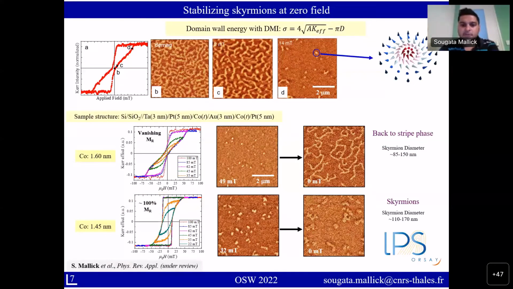And also for all the samples which I have shown you, I have done the characterization, which I have not shown you the data. They all contain a significantly high value of DMI. So we know that there is a specific type of chirality which is already incorporated in the system. So what we stabilize in a very low anisotropy system with the cobalt thickness close to the reorientation transition thickness, we know that we are stabilizing the skyrmions.